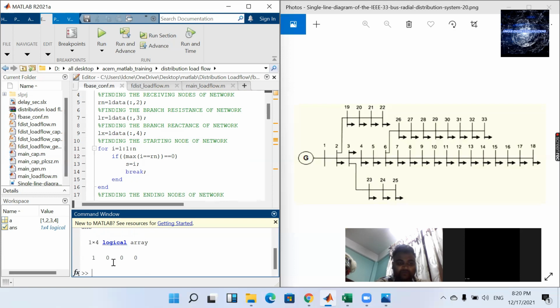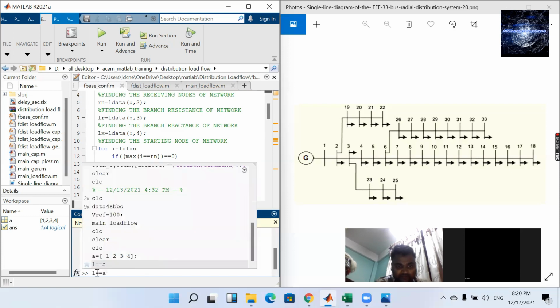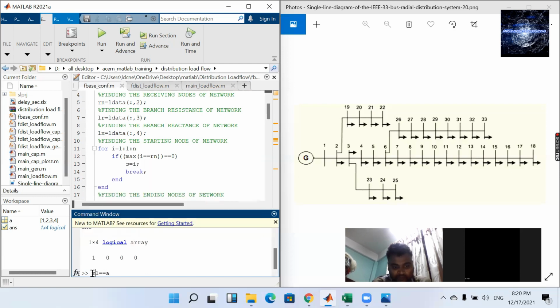That's why they become 0. Now what will the maximum give? The maximum of the results of all these 4 values. If we insert max here, then we will get 1. So here we have equated 1 equals Rn.